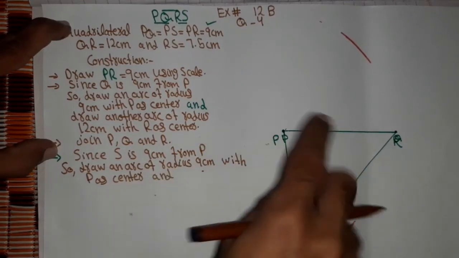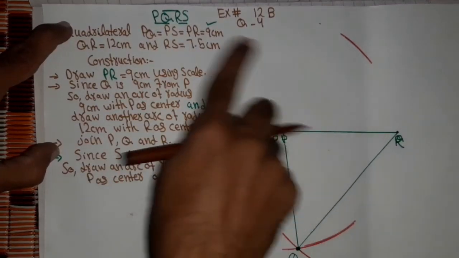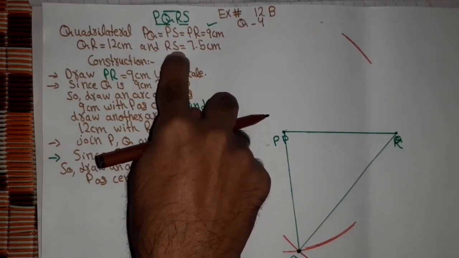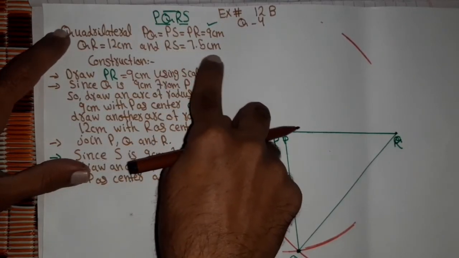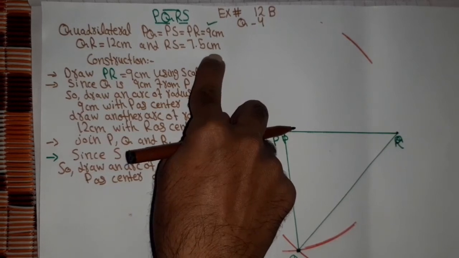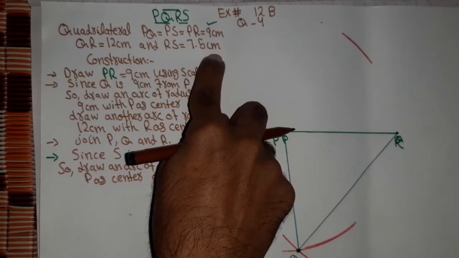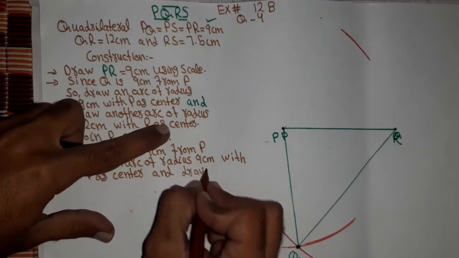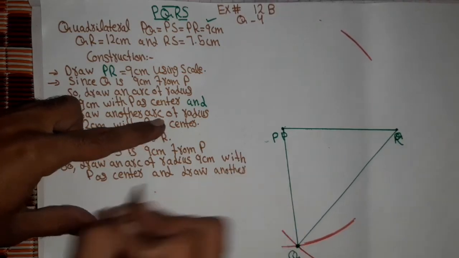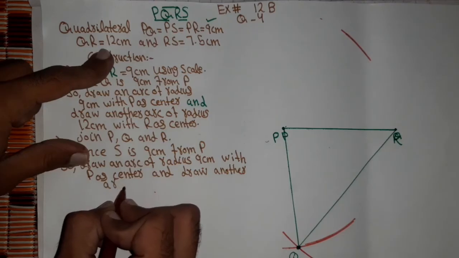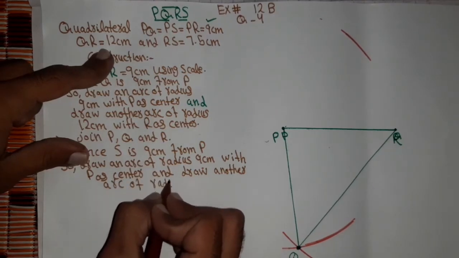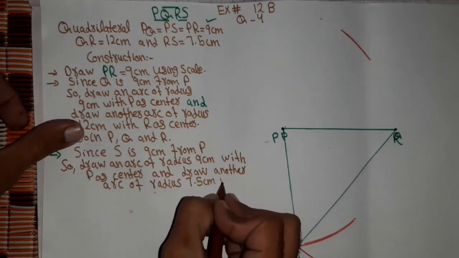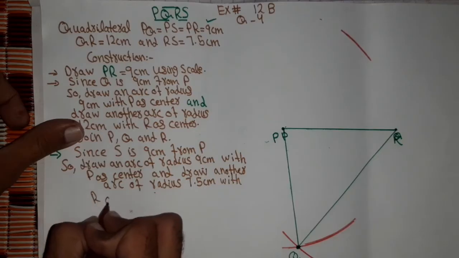PS means S is 9 centimeter from P. Similarly RS means S is 7.5 centimeter from R. So we will draw another arc of radius 7.5 centimeter with R as center.